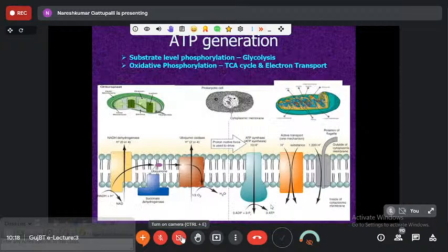In ATP generation, there are two ways you can generate ATP. One is the straightforward reactions where the oxidation of the substrate directly generates an ATP molecule. These are the processes mainly involved in the glycolytic steps.